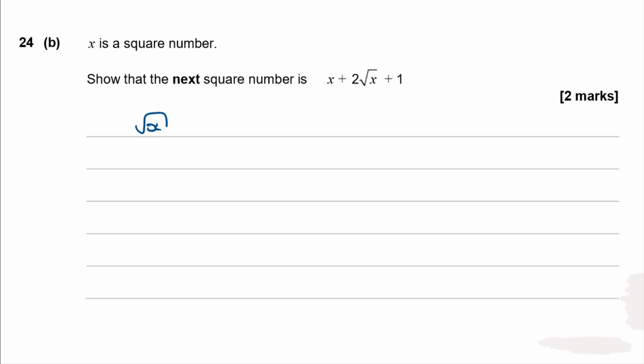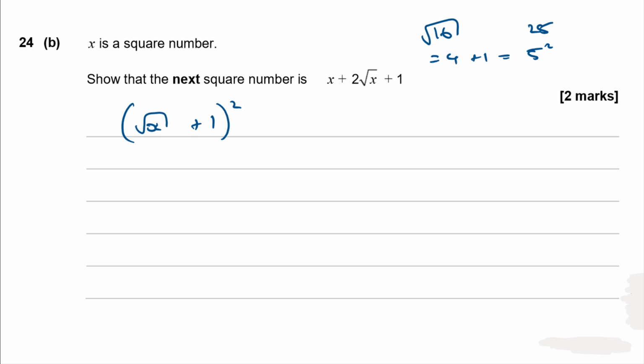And if I take root x, then add 1 to it, that's going to be the next number that I would then need to square to get the next square number. Does that make sense? So let's say I had a square number which was 16. To get the next square number, I need to root that, get 4, add 1 to it, get 5, and then square 5 to get 25, wouldn't I?